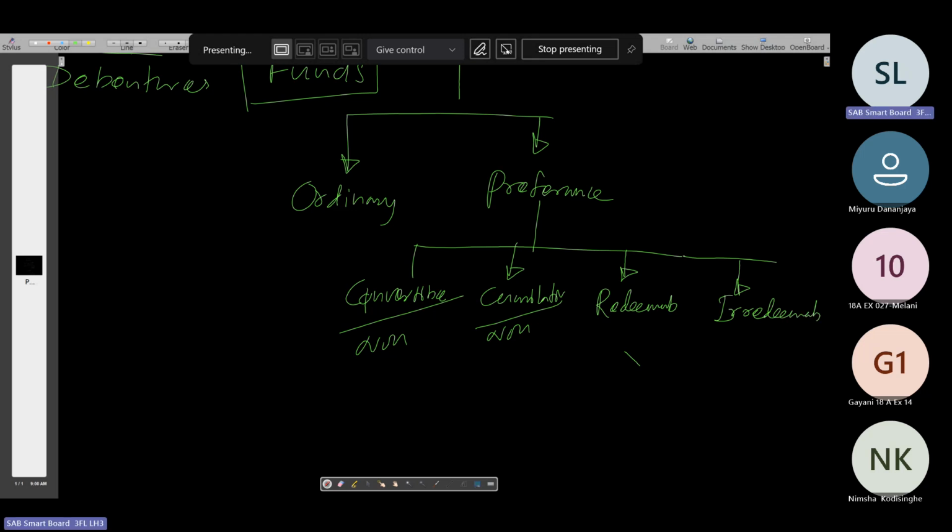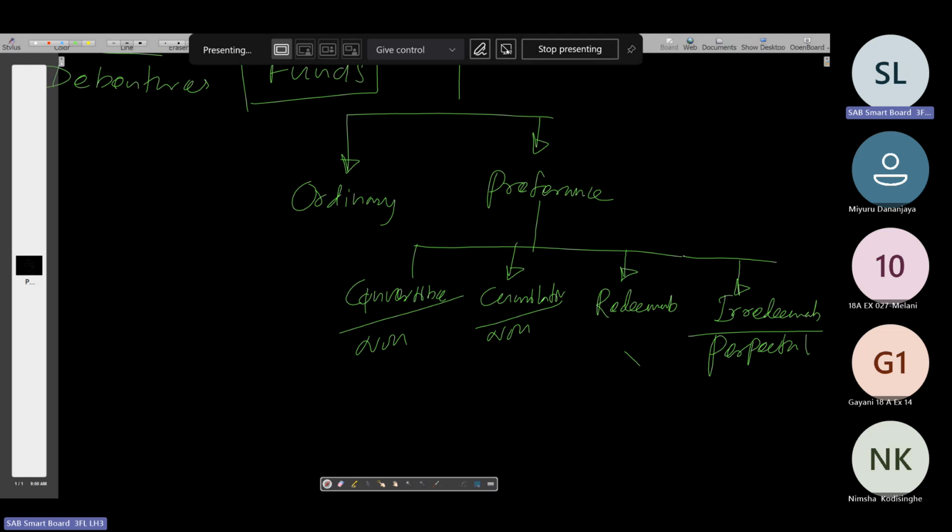Irredeemable shares are known as perpetual shares. So these are the classifications of preference shares: convertible, non-convertible, cumulative, non-cumulative, redeemable, irredeemable.